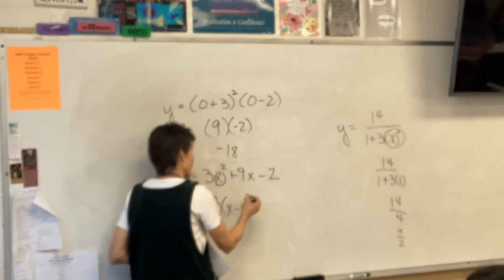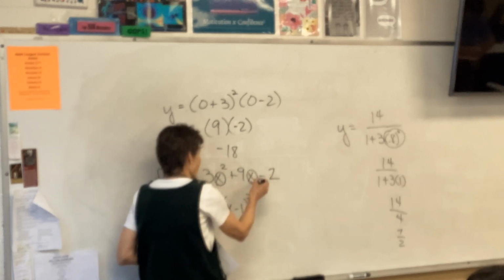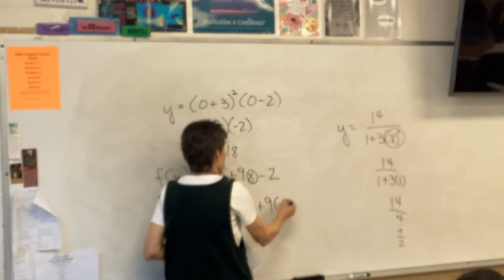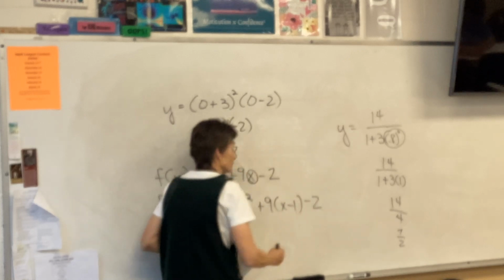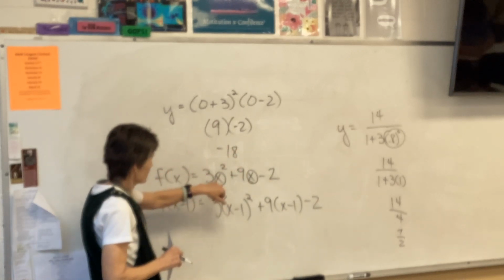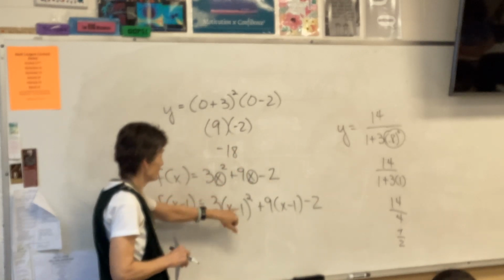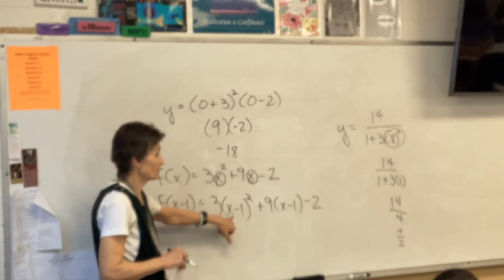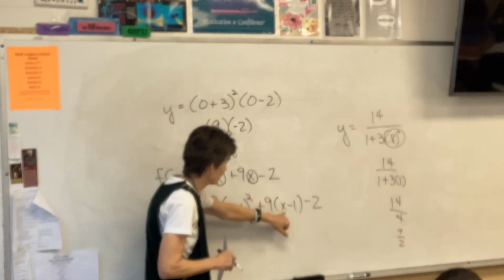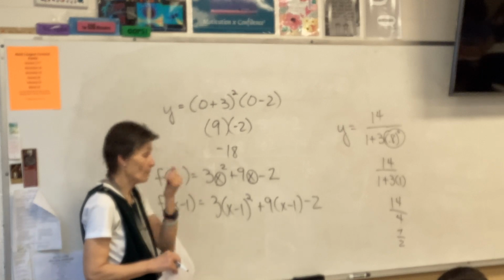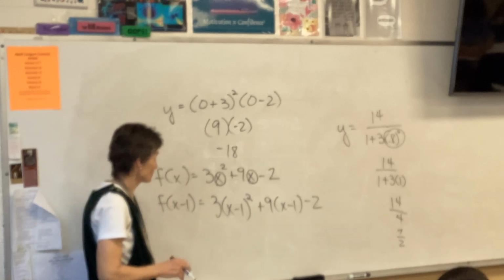That is being squared. This x is also x minus 1. So we take out the x, put in x minus 1, take out the x, put in x minus 1, and now we got to do the arithmetic.